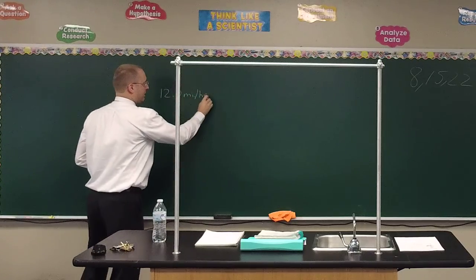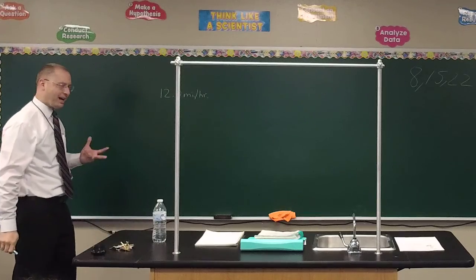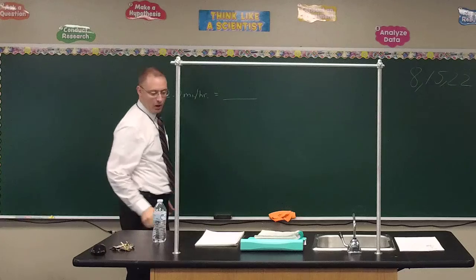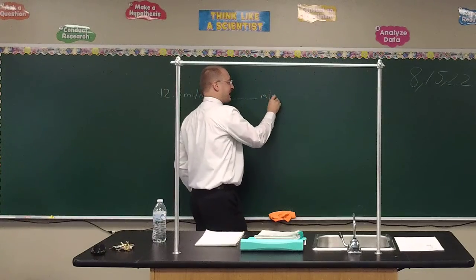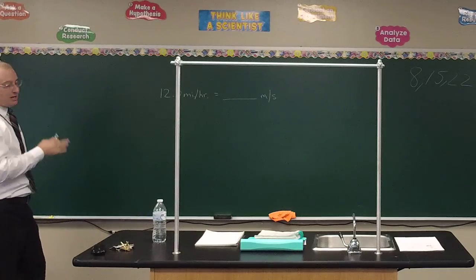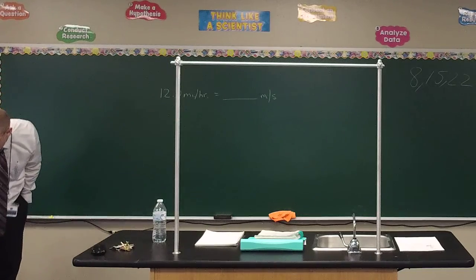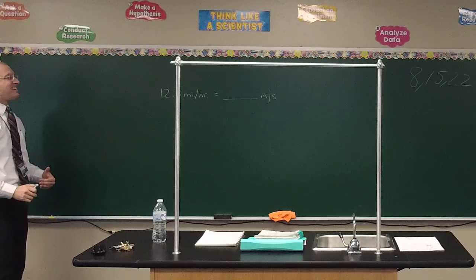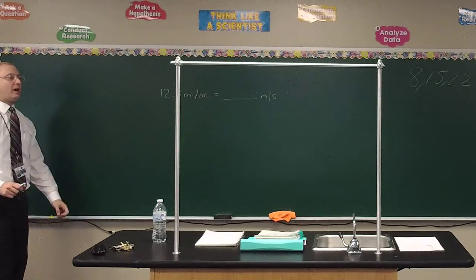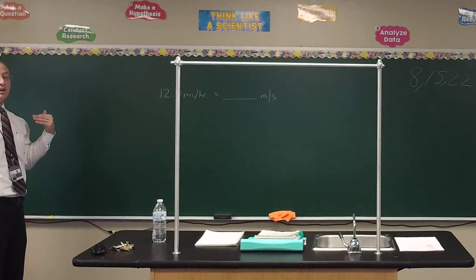This is a pretty brisk run, not quite a dead sprint, but a brisk run. If somebody were running 12 miles an hour, how many meters per second would that be? Remember, the key to dimensional analysis here is to start by writing your given value, the 12.0 miles per hour, as a fraction.